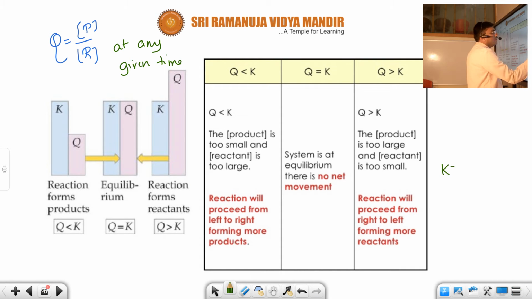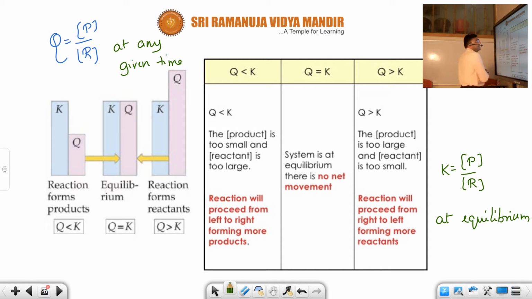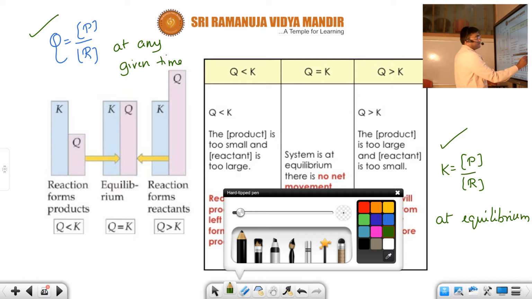K is the concentration of the products by the concentration of the reactants at equilibrium. The difference is that Q is at any time other than equilibrium, whereas K is at equilibrium. So that is the basic difference.